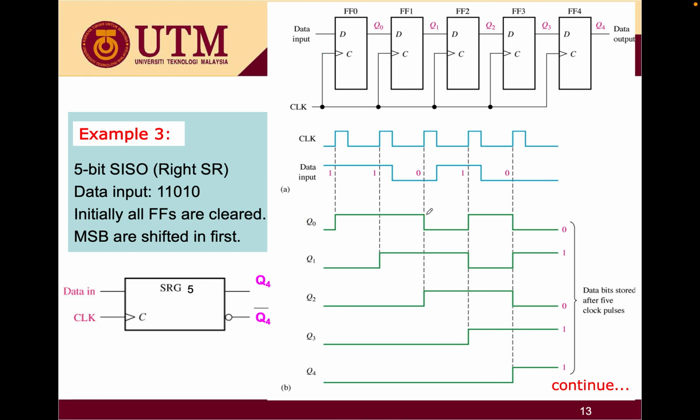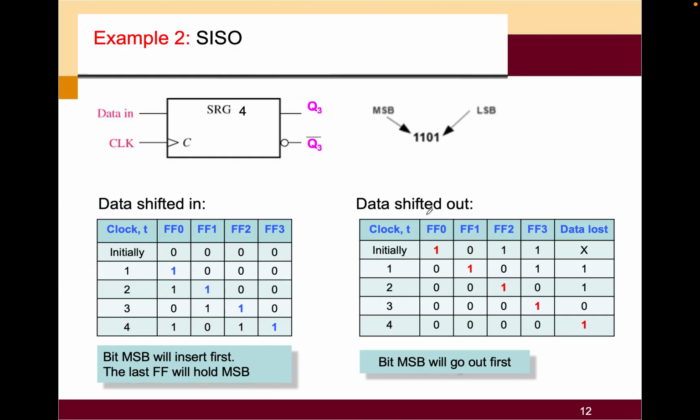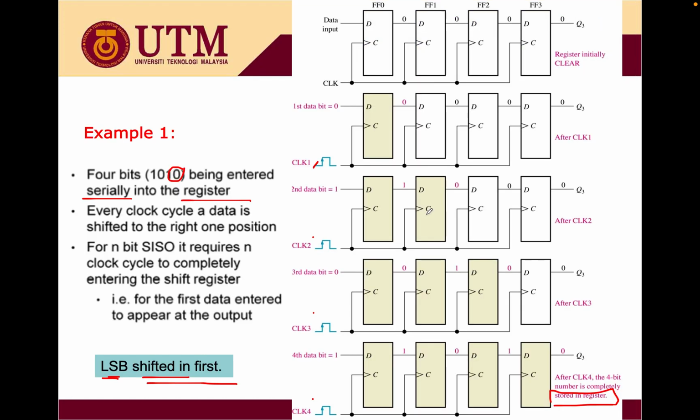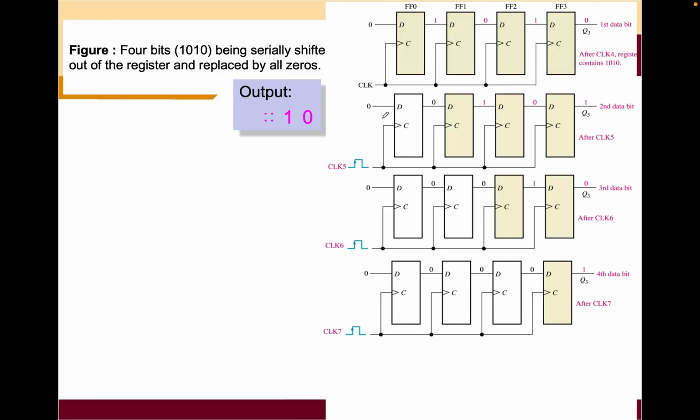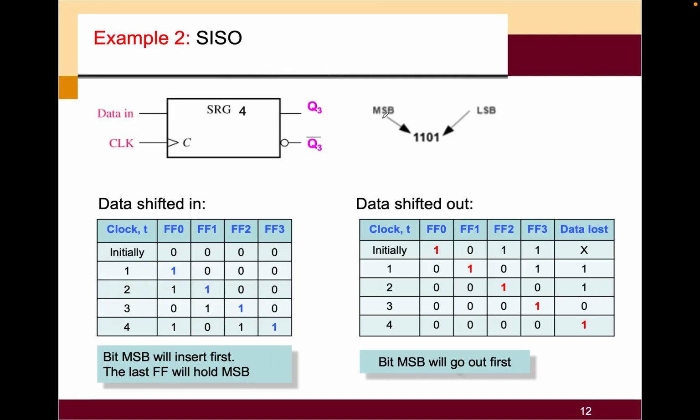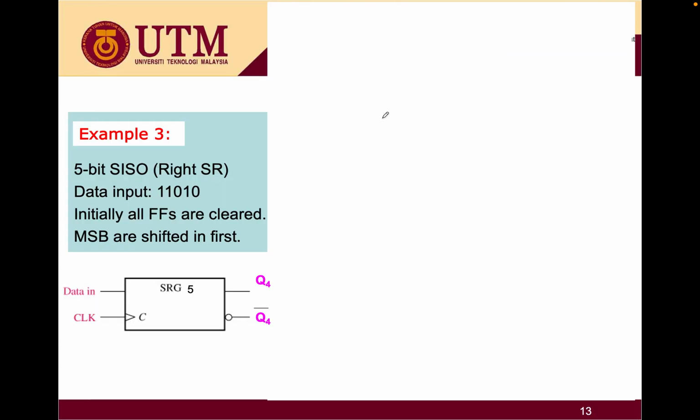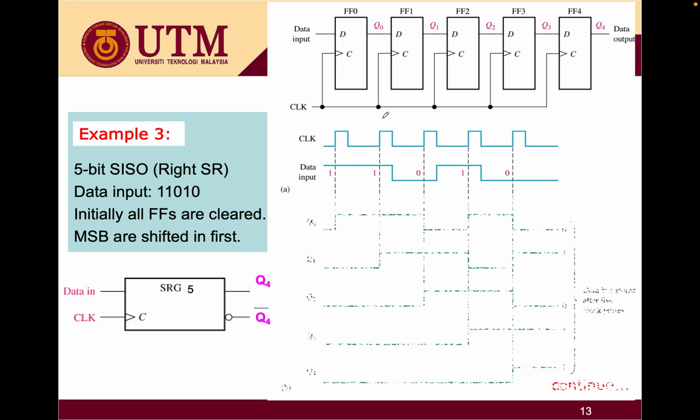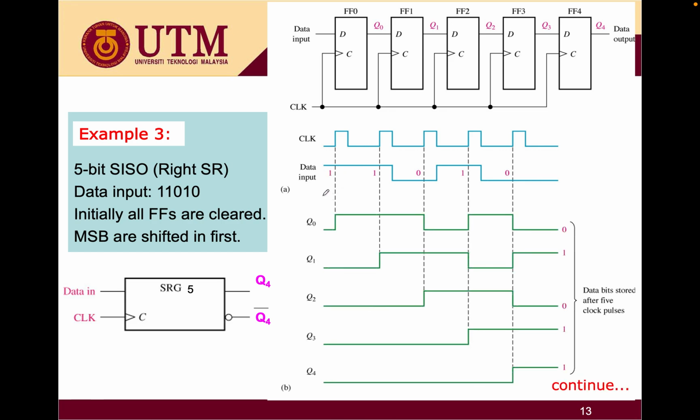So if you're familiar with this step by step just now, you can try to understand this first. Then you can go to your table here. For your first clock, this is your first clock for flip-flop 1. So you're going to have 1 for Q0, and the rest will be 0, 0, 0.